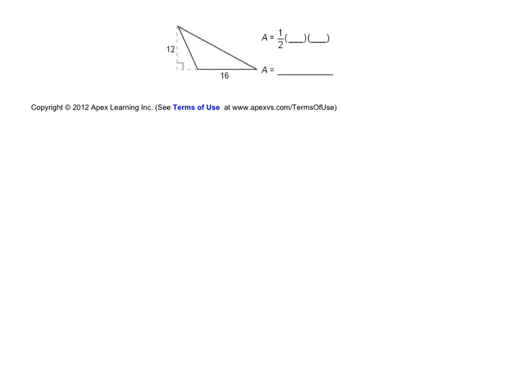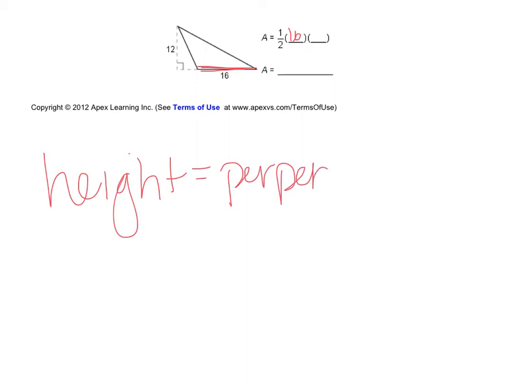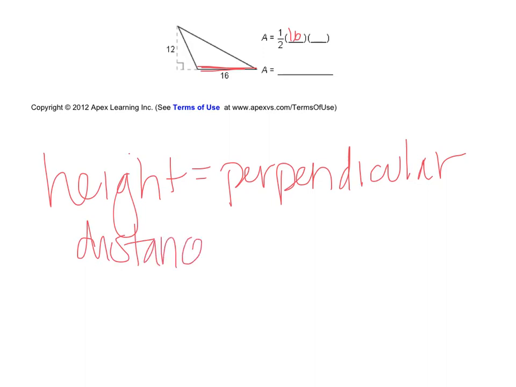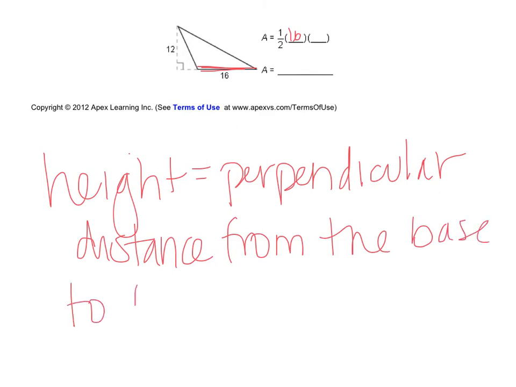Last one. This one is a little bit tricky. My base is here, it's 16, but my height is not inside the triangle. Remember, height is defined as the perpendicular distance from the base to the top.